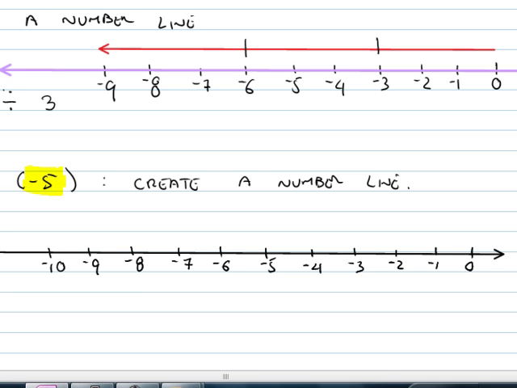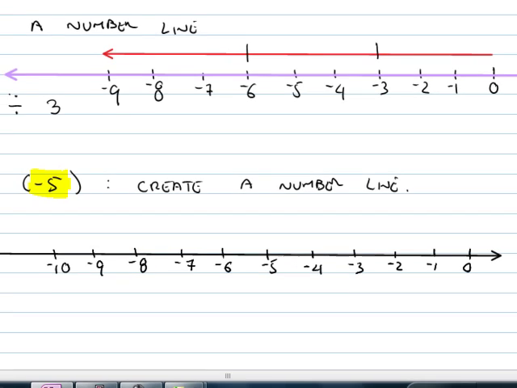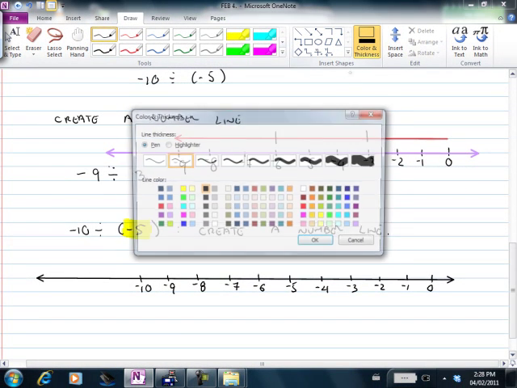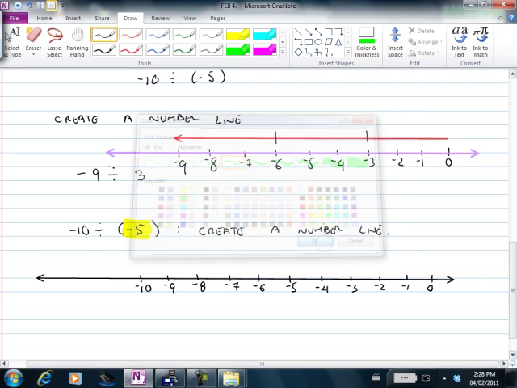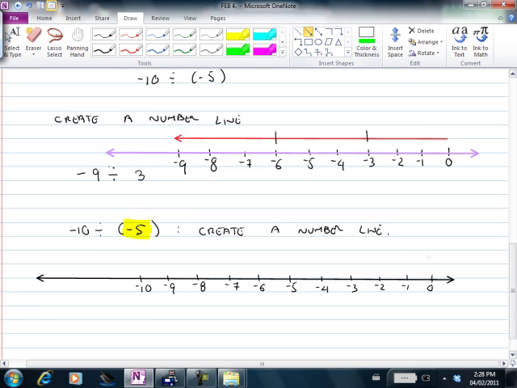So now, negative 10 divided by negative 5. The question now is, how many groups do you have? That's what I want to focus on. This is a key concept now. Let's use green. Let's go wild and use green.